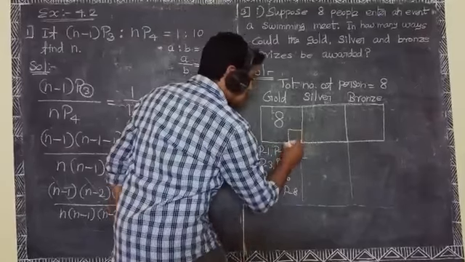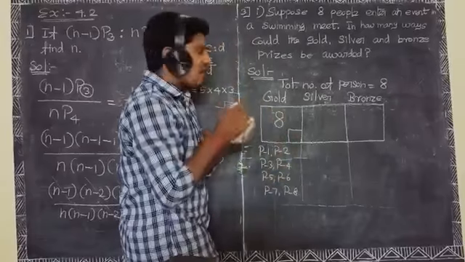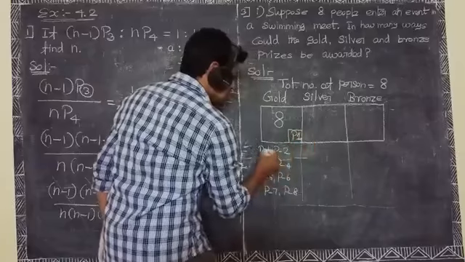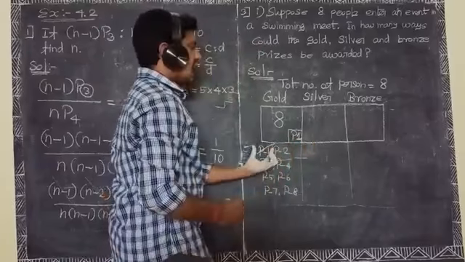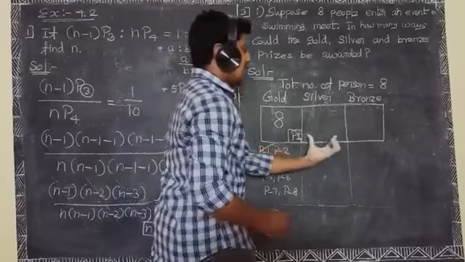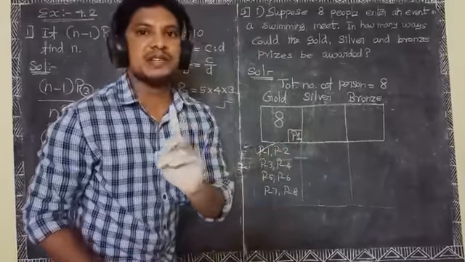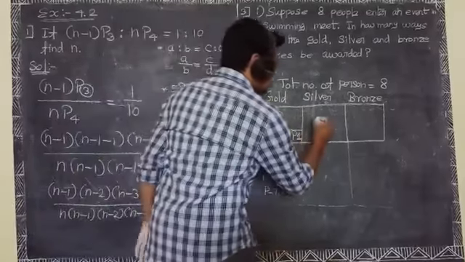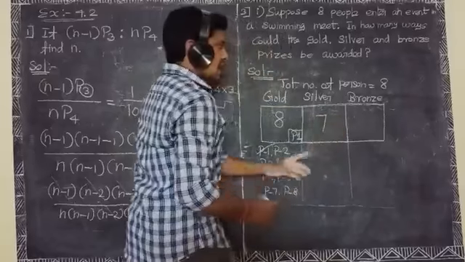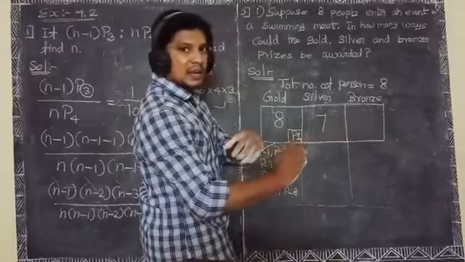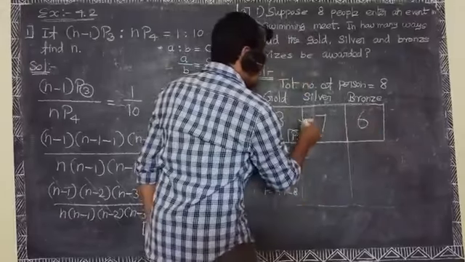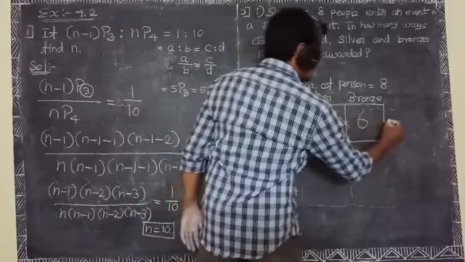Assume any one person, for example person 1, gets the gold. For the silver, only 7 persons are possible, except person 1. For the bronze, only 6 persons have a chance. That is 8 into 7 into 6.